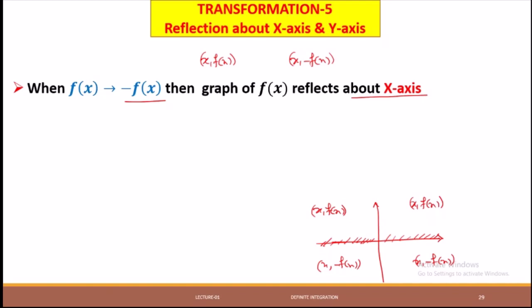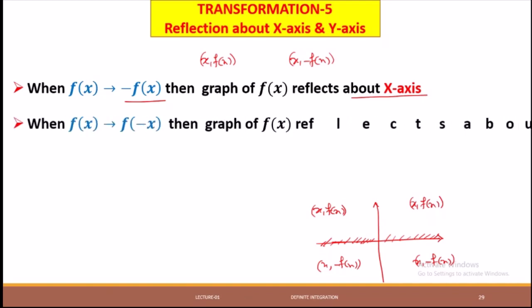Now let us understand reflection about y-axis. What is the change that you have to make? When f of x is replaced with f of minus x, then the graph of f of x reflects about y-axis. That means you have the point x comma f of x on the original graph.